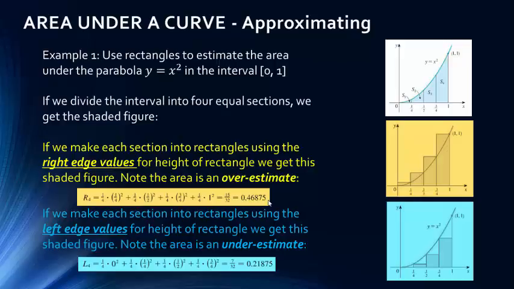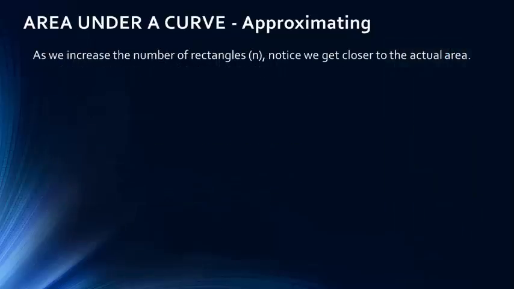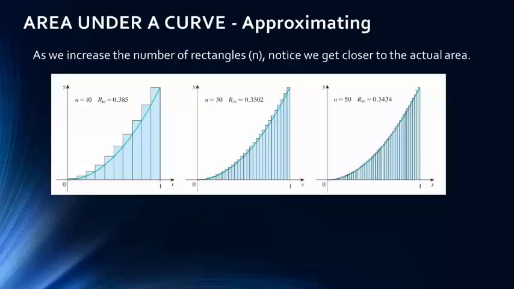So this is a way of estimating the area under a curve by using rectangles. As we increase the number of rectangles, and we're using n to represent how many rectangles or how many intervals we're going to use under a curve, notice we get closer to the actual area.